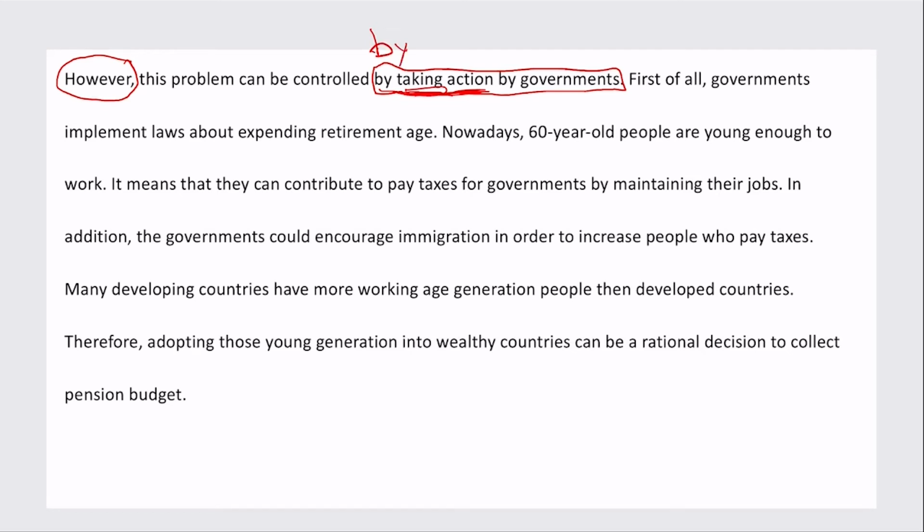You can say here "by government action," or even if you just put "by governments taking action," it would also be okay. So again, it's the order of words that this candidate is struggling with, and the fundamental composition of their sentences is not entirely correct.